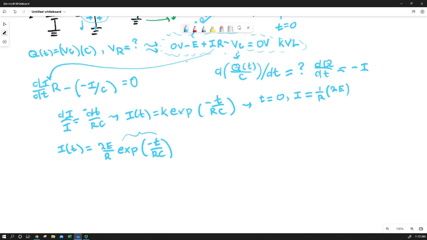So we're going to do the same thing we did before, and we're going to go back to our original KVL expression, except we're going to use this for I. Okay, so I'm going to refer to my notes here. And signs become very, very important now.